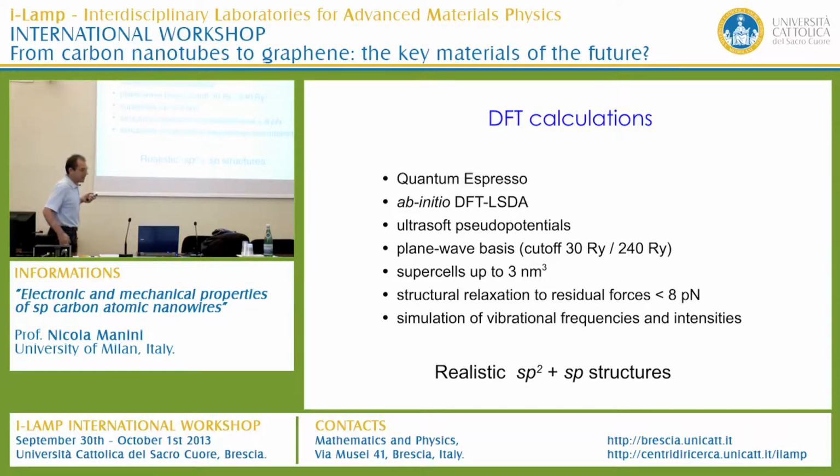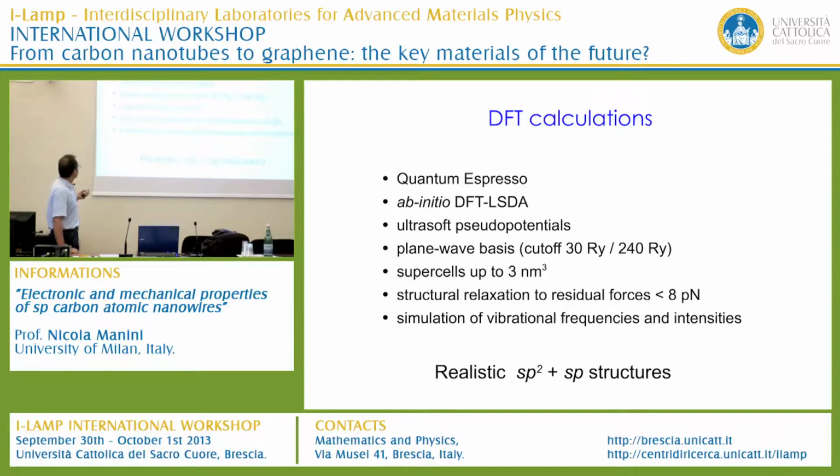We're actually using the LSDA because we are mostly interested in bonding and chemical changes. So the van der Waals interactions are not especially necessary for what we are interested in here.